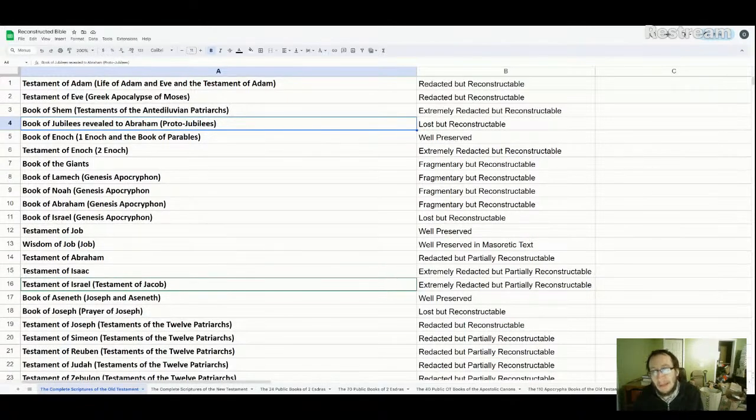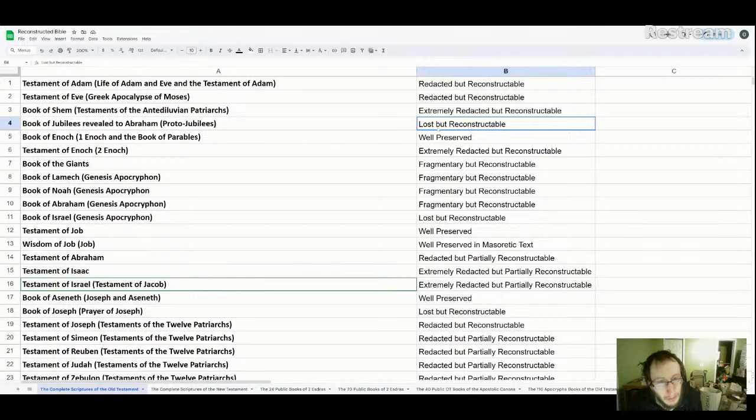And so Abraham was actually taught in detail about the genealogy of the forefathers. So we can use what we have from Genesis and Jubilees, put it together, and reconstruct very well what this lost Book of Jubilees for Abraham was. So I have it here: lost but reconstructible.